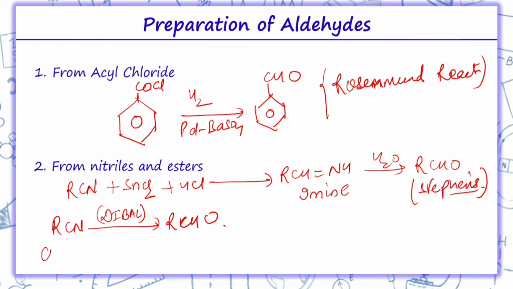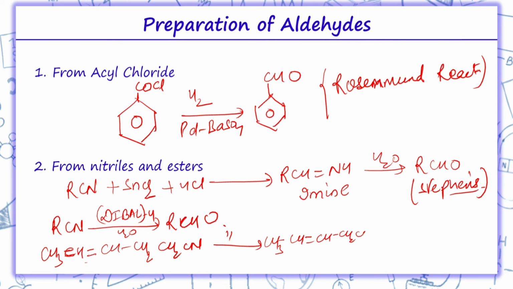Similarly, if we have a double bonded nitrile, that is CH3, CH double bond CH, CH2CN, DIBAL-H will give, followed by hydrolysis, aldehyde only. This double bond won't be disturbed, thus we will get CHO.